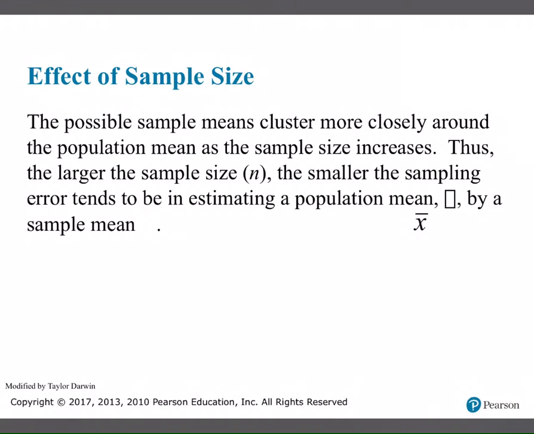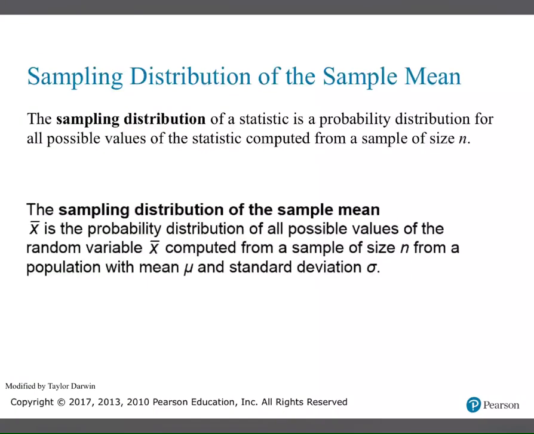Larger sample size is better always. The possible sample means cluster more closely around the population mean as the sample size increases. Very important. Thus, the larger the sample size, the smaller the sampling error tends to be in estimating a population mean, mu, by a sample mean, X bar. So basically, the bigger your sample size, the closer you get to the actual population mean.